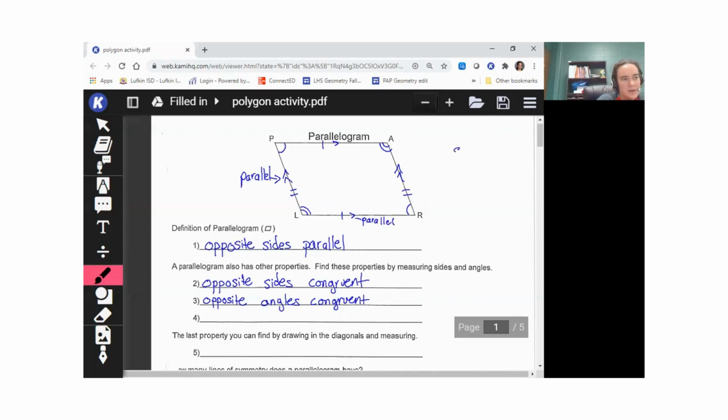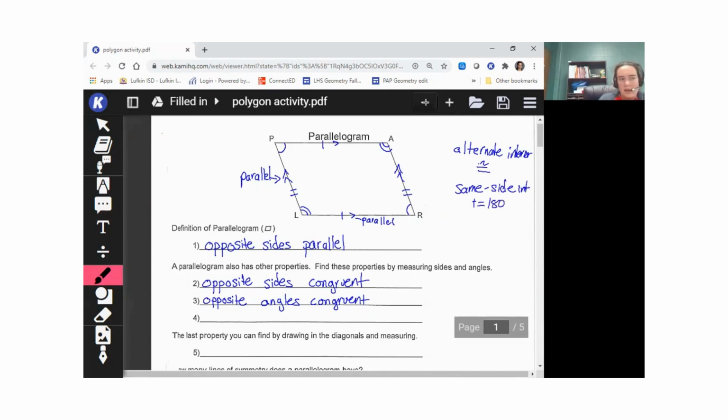Remember that when you have alternate interior angles, they're congruent. And when you have same side interior angles, they are supplementary, which means they add to equal 180 degrees.